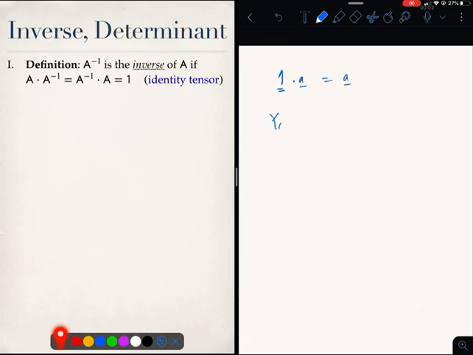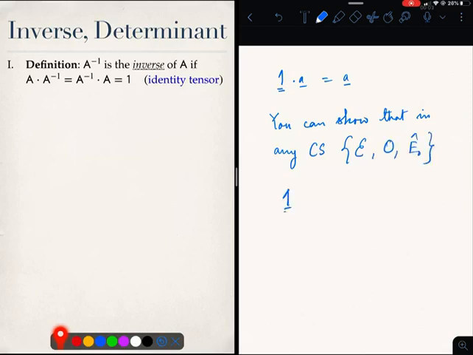Now you can show that in any coordinate system the matrix of the identity tensor is always the same. It is always 1 1 1 on the diagonal and 0 elsewhere.